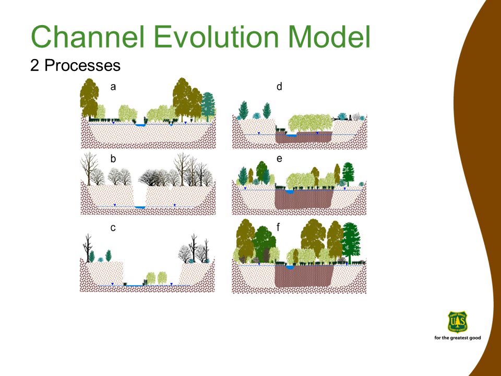A is in balance with watershed inputs, and we call this state dynamic equilibrium.